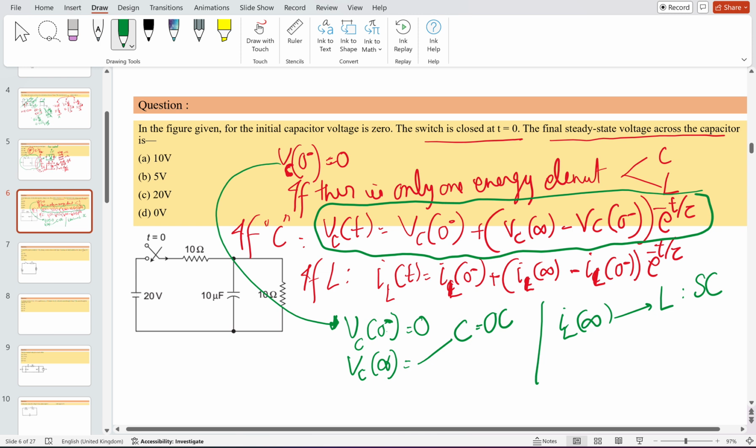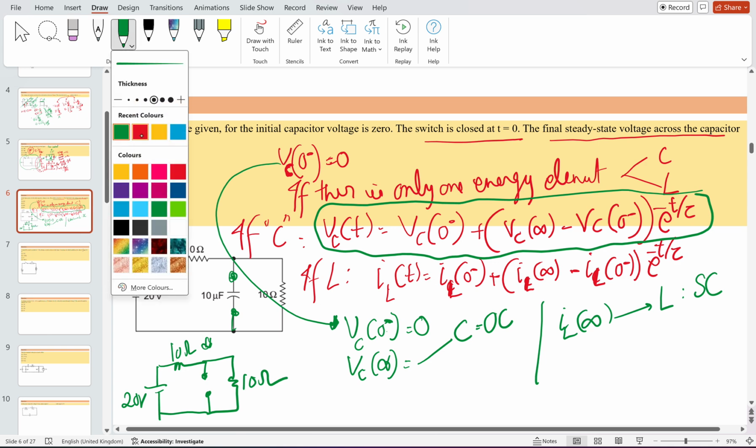If you open circuit the capacitor in this circuit, let me redraw it. This is the 20 volt source, this is the 10 ohm, the capacitor is open circuit, and this is the 10 ohm.